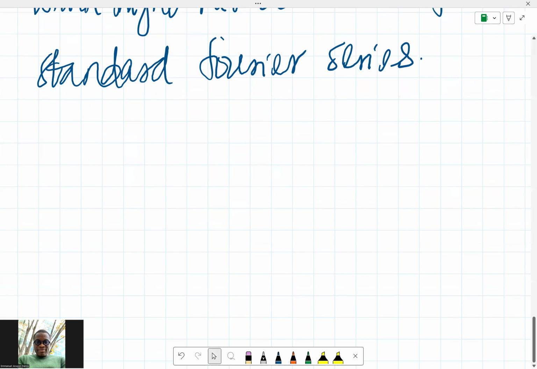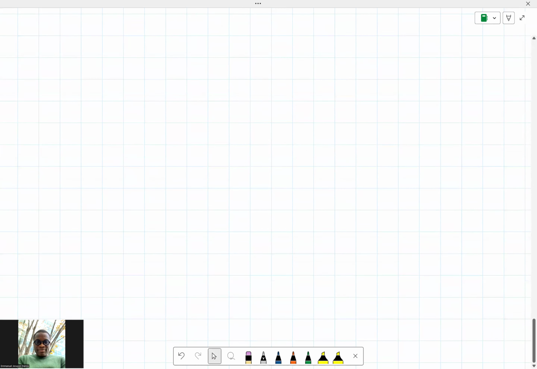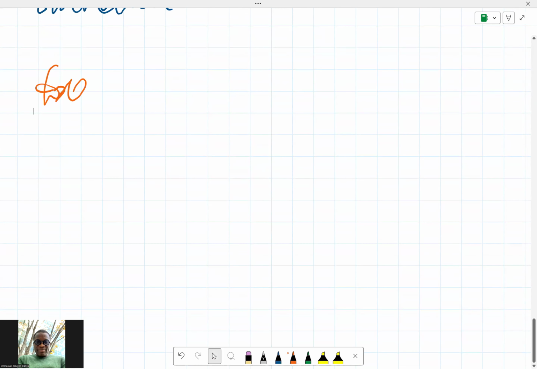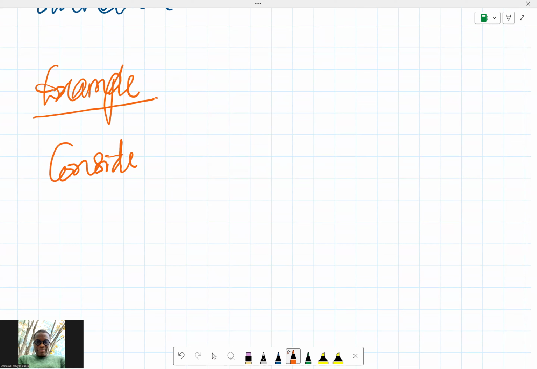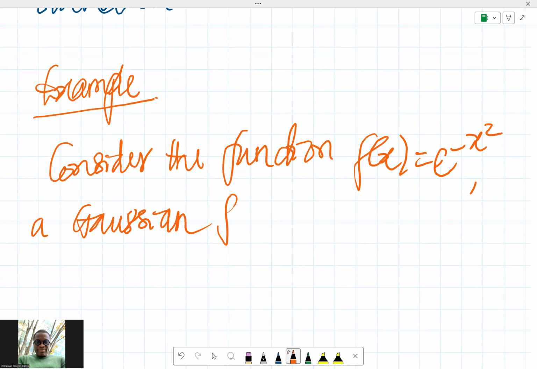So let's take an example to finalize this idea. Imagine we consider the function f of x equals e raised to the power minus x squared, which is called a Gaussian function.